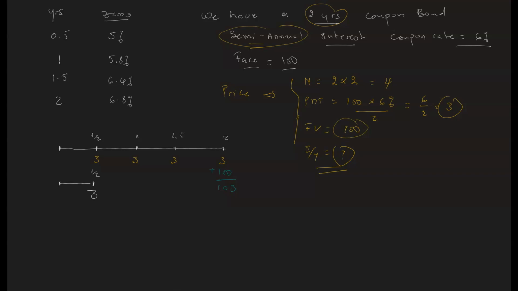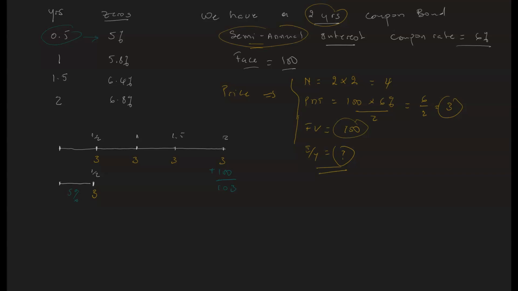And the interest rate that you're going to use to discount this is going to be the equivalent of the zero for that period. So that interest rate is going to be 5%. It's going to be 5% annually, right? So it's 5% times t, which is 1/2. So it's going to be 5% that you're going to use here.